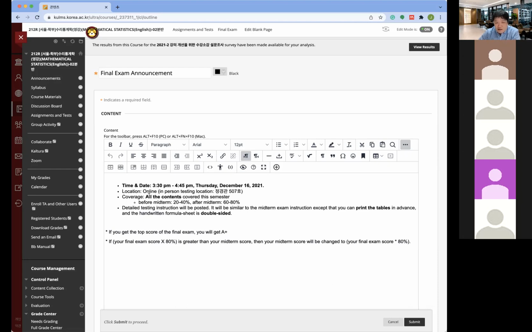It's because this covers all the contents we've learned throughout this semester, so it's reasonable to give some more incentives. Similarly, if your final exam score times 80% is greater than your current midterm score in terms of the percentage, then your midterm score will be changed to this in terms of the percentage.